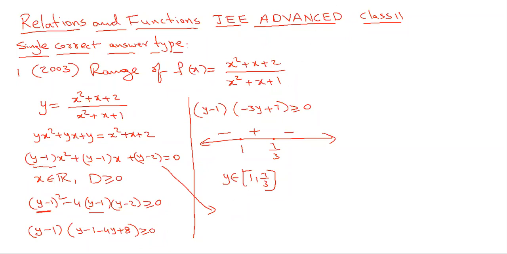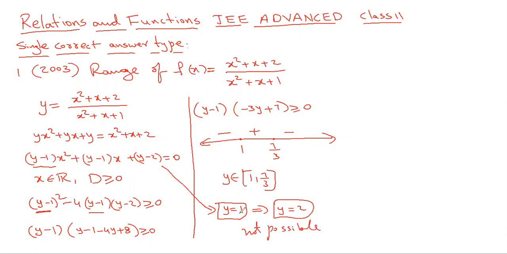So if y equals 1, what happens to this equation? Then you get this equation only, x won't be there. Simply you get y equal to 2. So if y equals 1, we are getting y equals 2. So is it possible to have y equal to 1 and y equal to 2 at a time? It's not possible. So y equal to 1 is not possible.